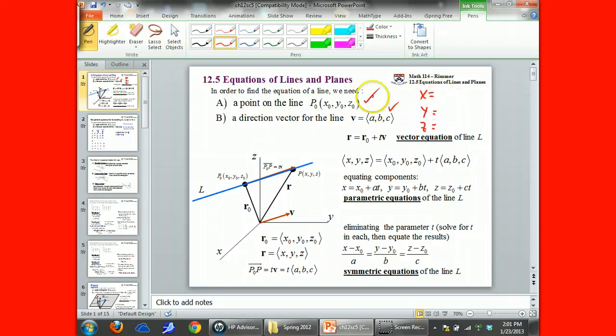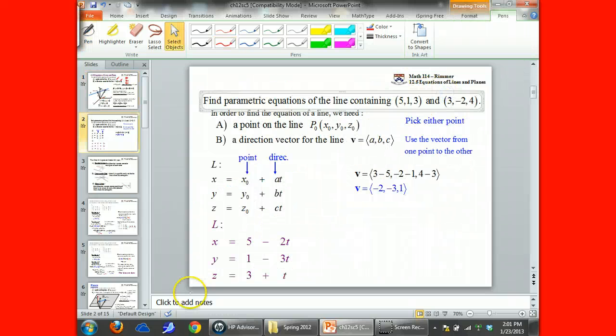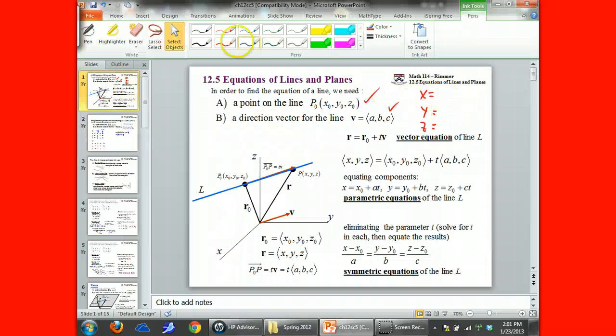You just take your point, your x naught, y naught, z naught, and you put that as the constant part, and then the I, J, and K components of your vector, you just end up multiplying those by the parameter t.